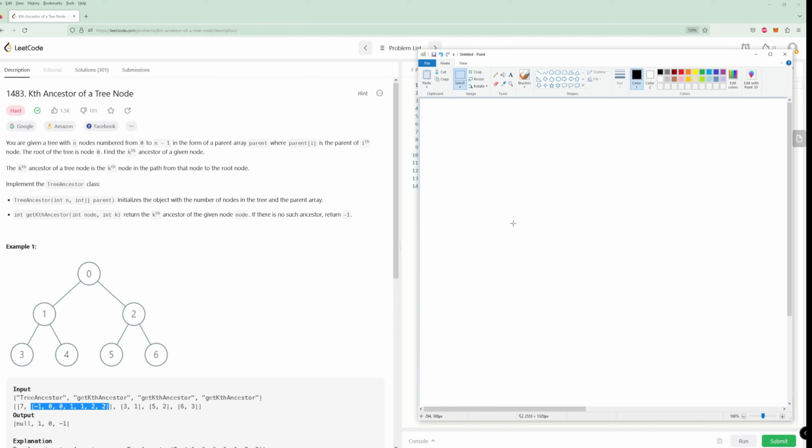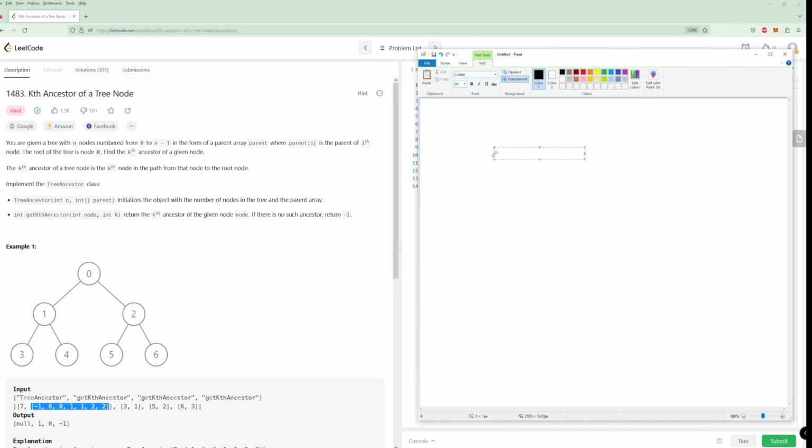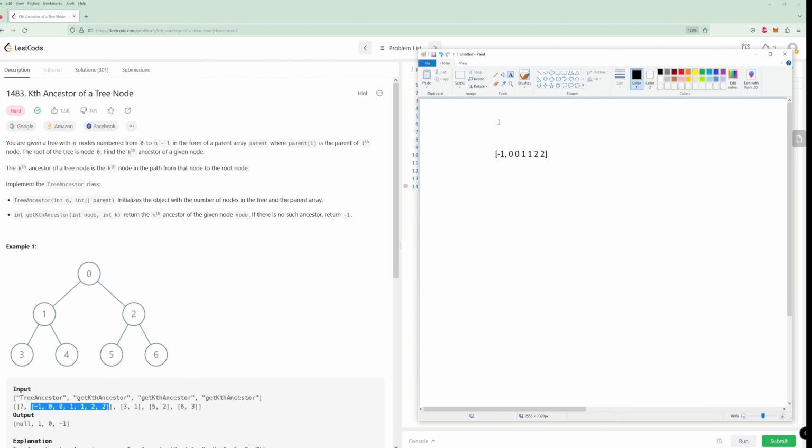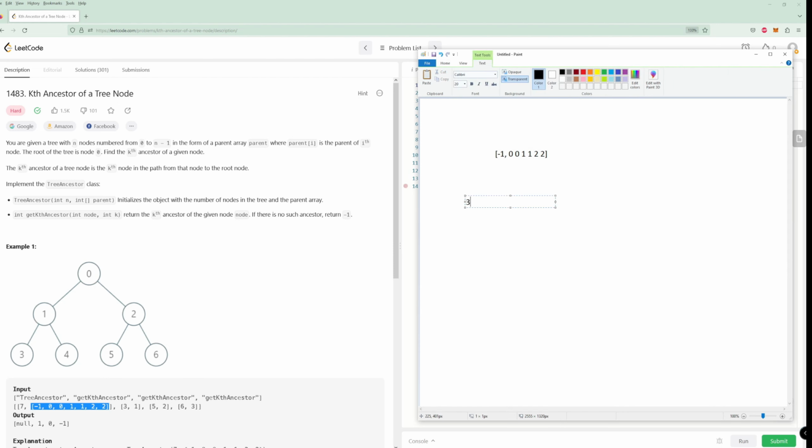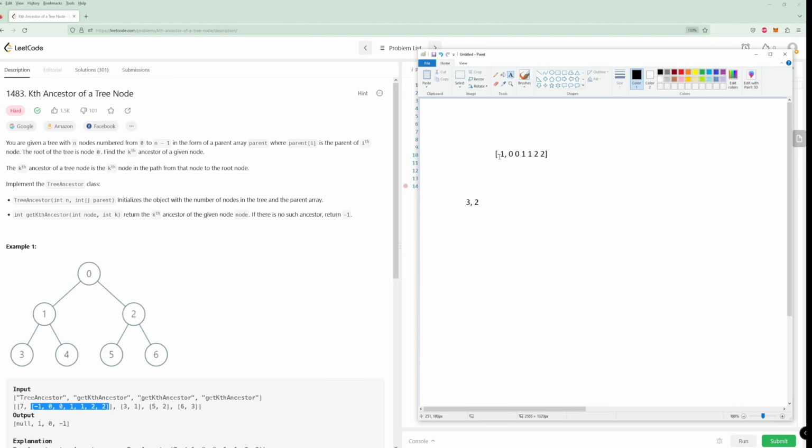Say the array is 1, 0, 0, 1, 1, 2, 2, and we're given node 3, k 2. Well, we could just take the parent k times.